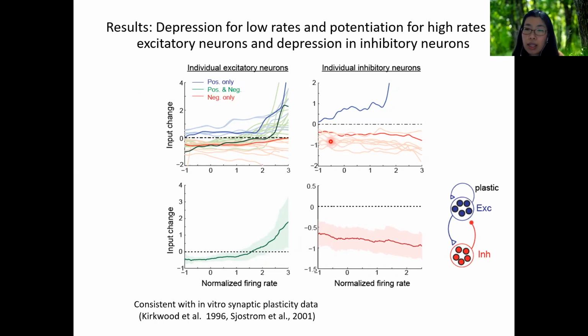This input change, which is constant with no dependence on the postsynaptic fire rate, might be due to changes of the excitatory input, not due to synaptic plasticity onto the inhibitory neurons. So in the simplest model, recurrent synaptic plasticity with depression and potentiation can explain these changes in both excitatory and inhibitory neurons.